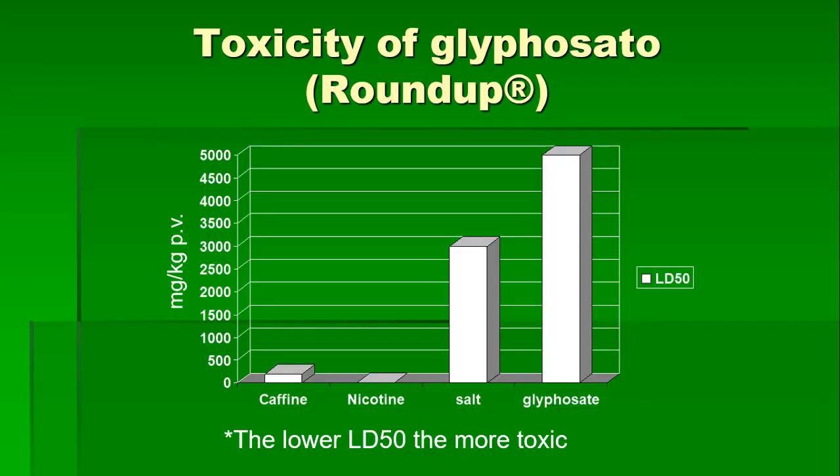In general, the acute toxicity is very low or non-toxic. As you can see here, the LD50 in rats of pure glyphosate is 5 grams per kilogram. That makes salt even more toxic. And if we compare it with caffeine and nicotine, we can see that there is a huge difference in acute toxicity.